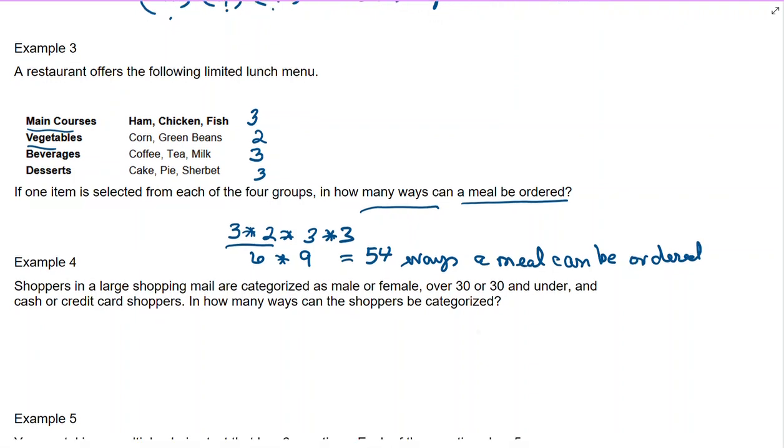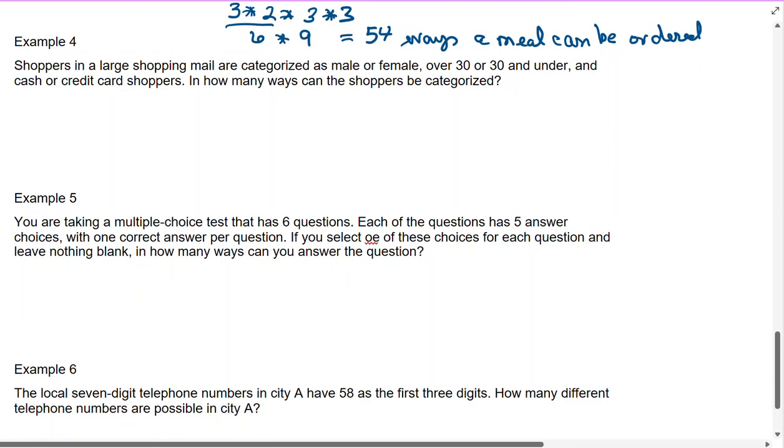All right, so the items we count: male or female is 2 choices. Greater than 30 or under 30 is 2 choices. Cash or credit is 2. This is the fundamental counting principle, because you've got more than one set.